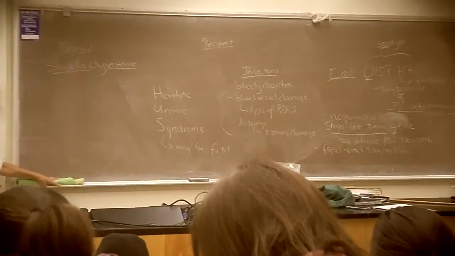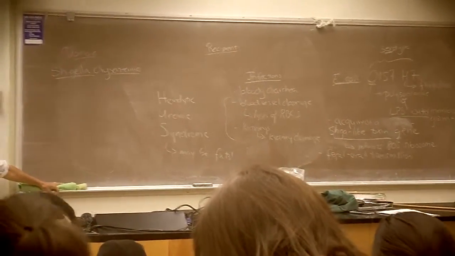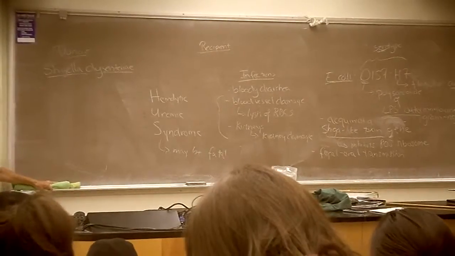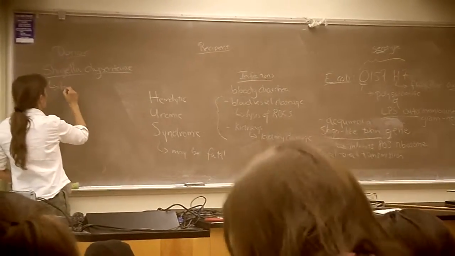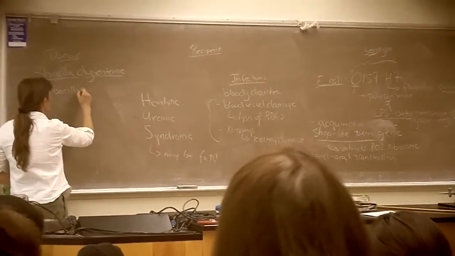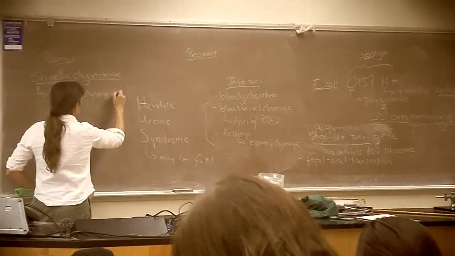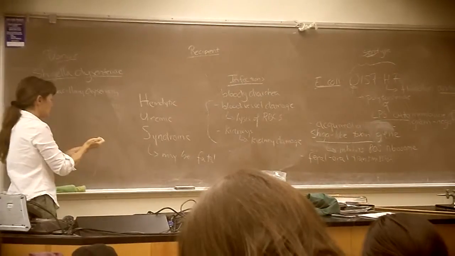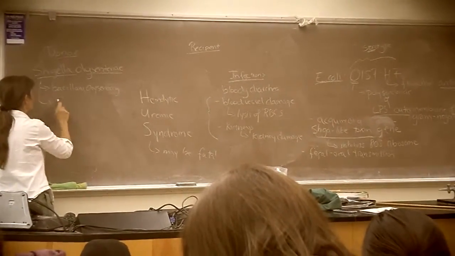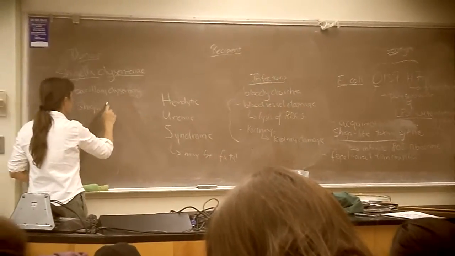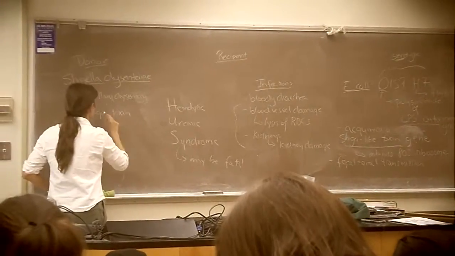So Shigella dysenteriae is a close cousin of E. coli, and Shigella dysenteriae causes bacillary dysentery. And again, the original donor of the Shiga toxin gene was Shigella dysenteriae.